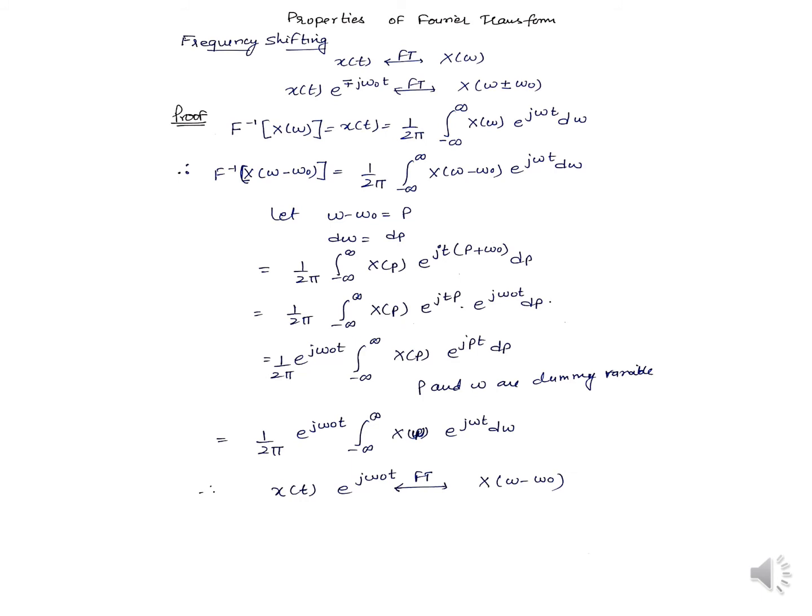Properties of Fourier transform continued. Again, it's the frequency shifting property. So x of t has Fourier transform X of omega, then x of t multiplied with e raised to the power minus or plus j omega naught t has Fourier transform capital X of omega plus or minus omega naught.